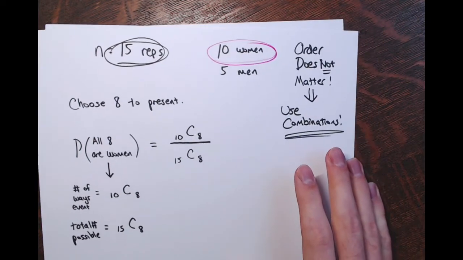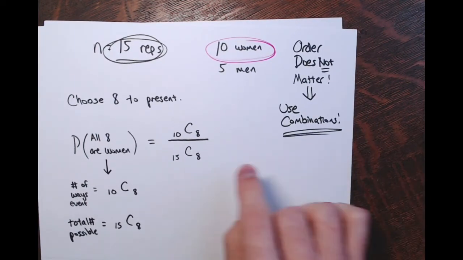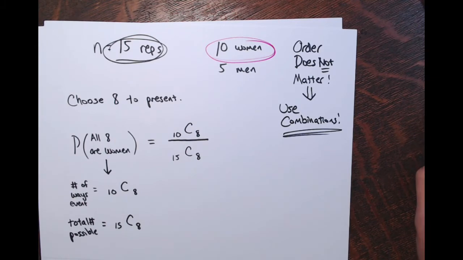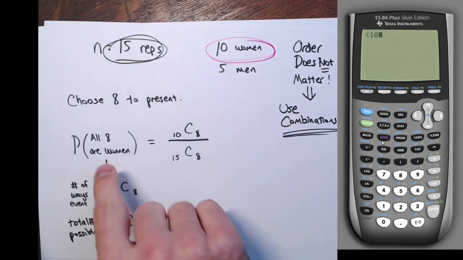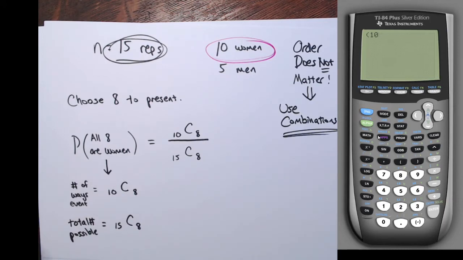And I can pull this up, and I know that's how they have you entering it, just with the combination symbols here, but I'll pull up a calculator and we'll calculate this. All right, so in the numerator, I'll put this in parentheses. We have 10, right? The 10 women, and I'm only choosing from the women because I want all 8 to be women. I want this event to actually happen. So 10.